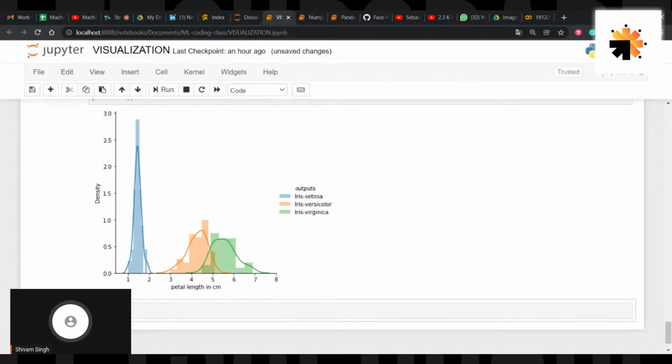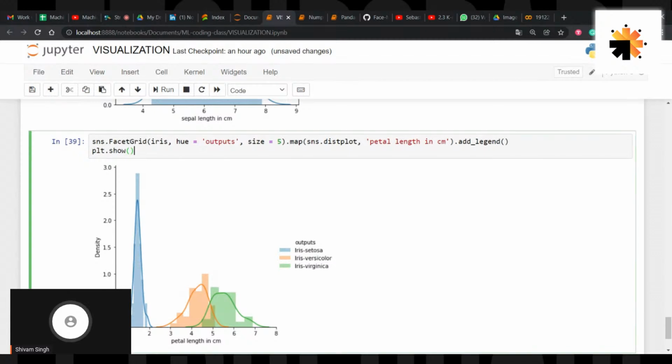With this distribution plot, I tried to plot all three varieties, all three classes or categories of my data together, with the petal length. And now you can see that I can make a very clear boundary with the petal length. Now you can try to analyze with all four features.